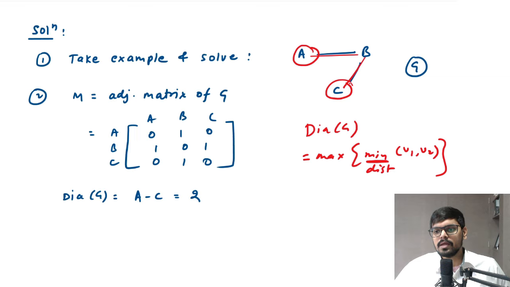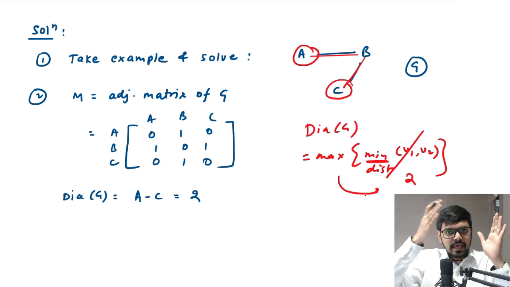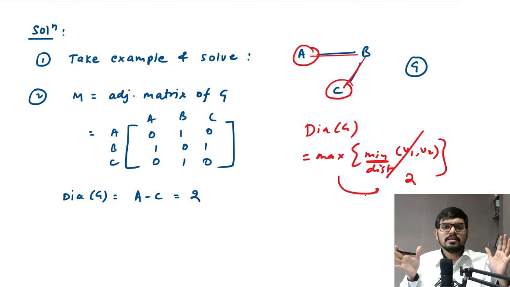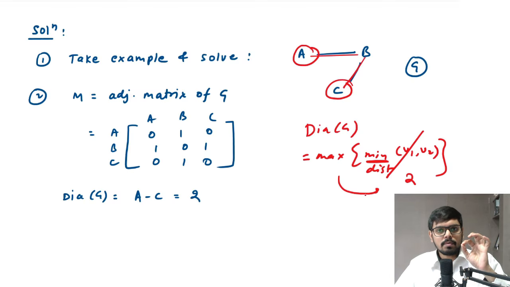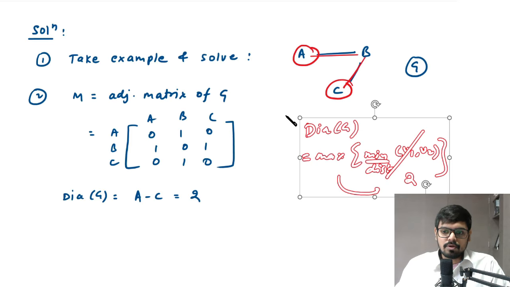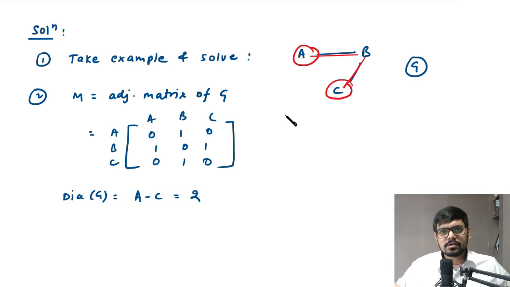So here the shortest distance is 2, and that is our maximum over every pair of vertex combinations. You can try. AB will be 1, BC will be 1, only AC is 2. So 1, 1, 2, which is the maximum value? 2. So that is the answer. That was my trick. The trick was to take the far vertices or the diagonal vertices. You will get the maximum value of all the shortest distances.